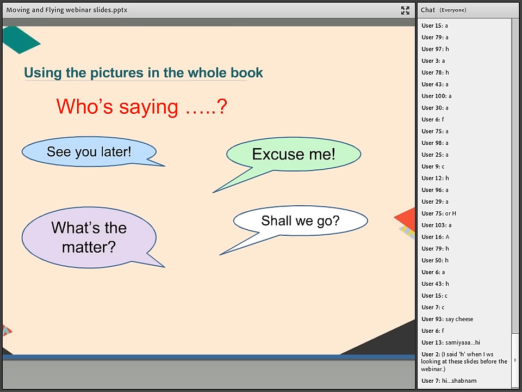And you could ask them to find a picture in the course book where they think they could add that speech bubble. So this will be getting them to use the whole course book and look at the pictures in the whole course book.